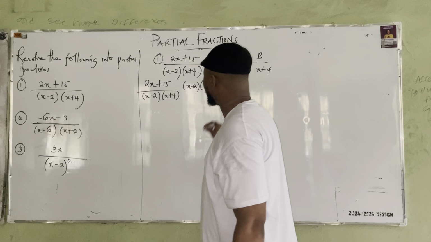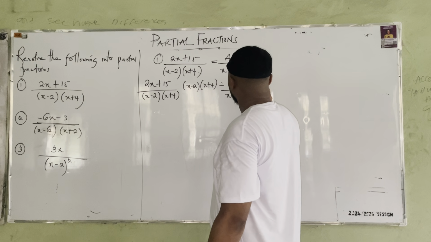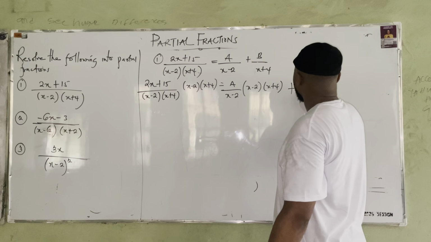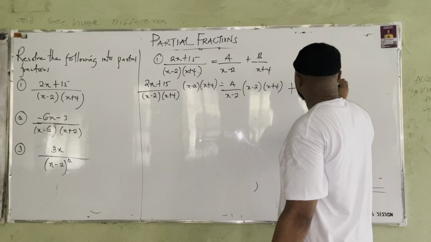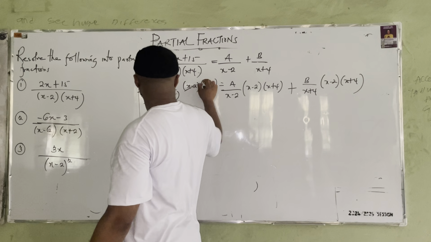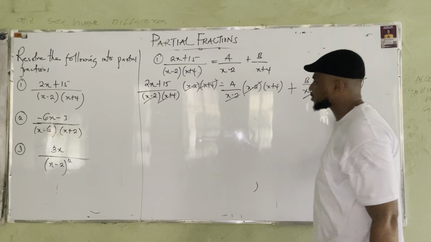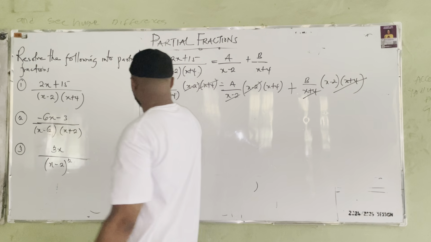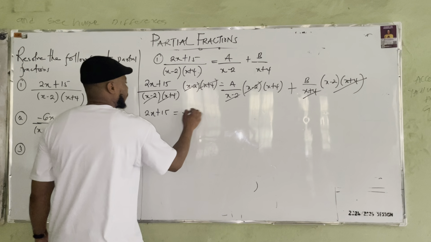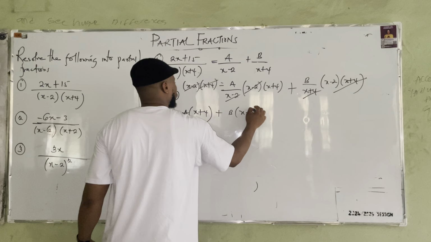This will also be equal to a divided by x minus 2, times x minus 2, x plus 4, plus b divided by x plus 4, times x minus 2, x plus 4. Now, this cancels this, this one will cancel this one. Now we'll be left with 2x plus 15. This will be equal to a bracket x plus 4 plus b bracket x minus 2.